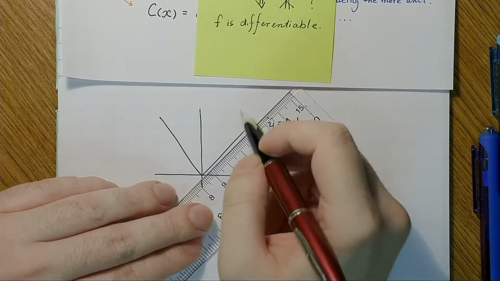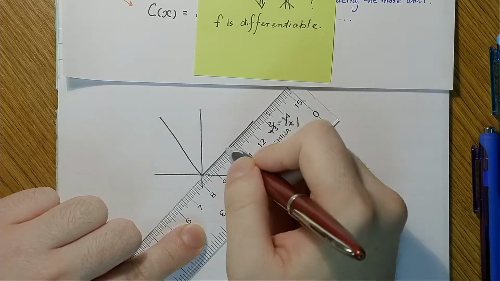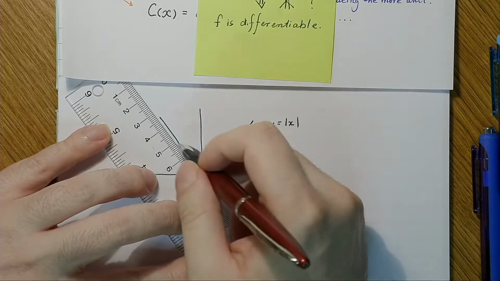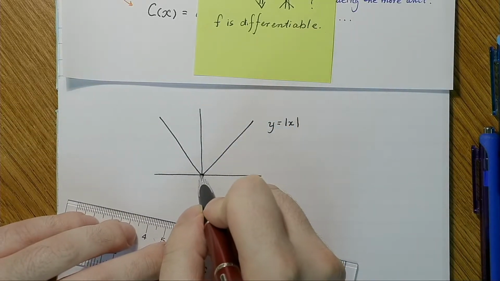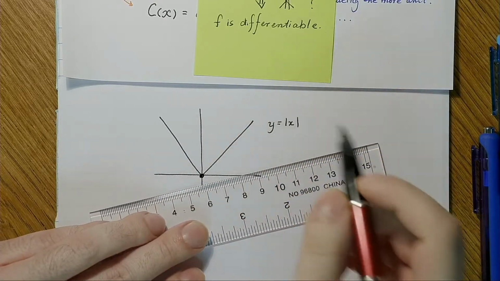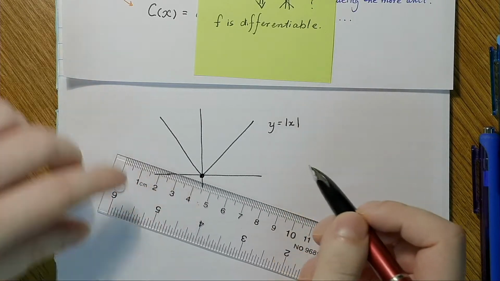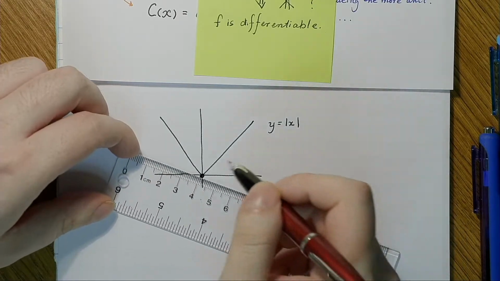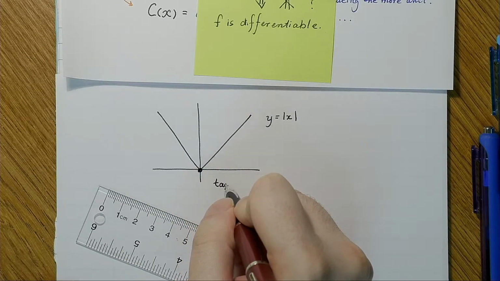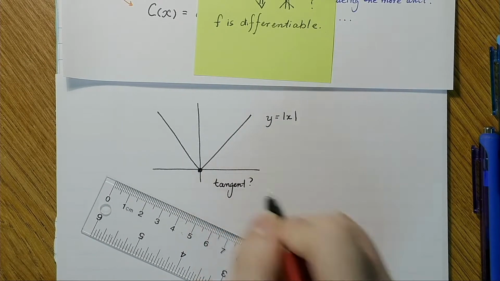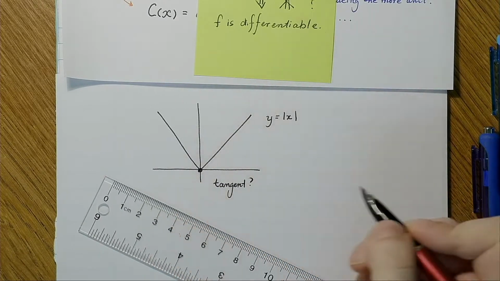But remember, the problem I have with this is I can draw a tangent to this. This is fine. I can draw it on this side. I can draw a tangent on this side. The problem I get to is when I get to this point right here at x equals 0, well, where do I draw the tangent?